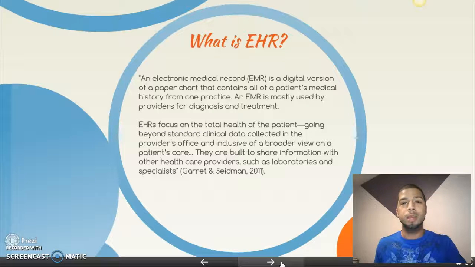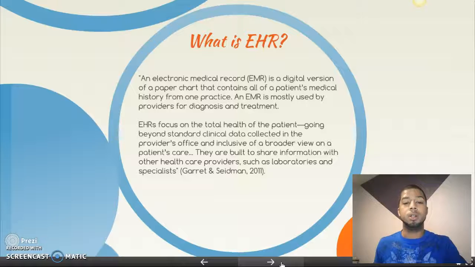A lot of times it can be used interchangeably, but whenever it comes down to technicalities, there is a difference. So EMR is a digital version of a paper chart, and it contains all the patient's medical records or medical history from one practice. It's mostly used by providers for diagnosis and treatment of specific conditions.